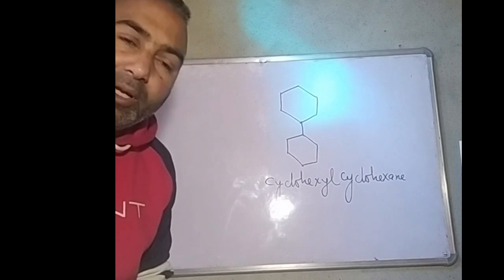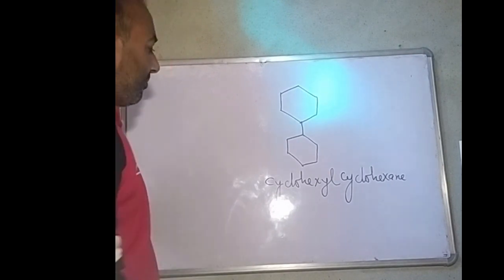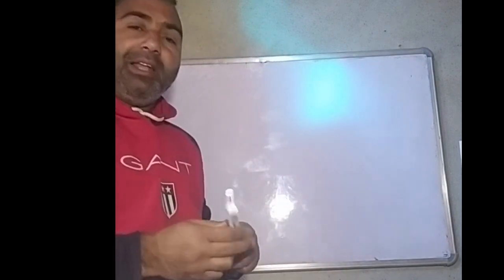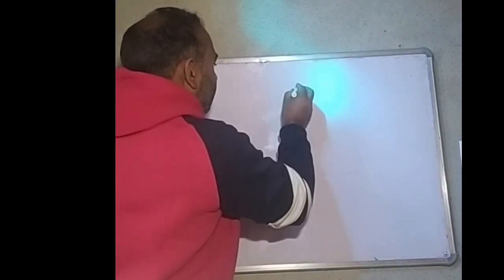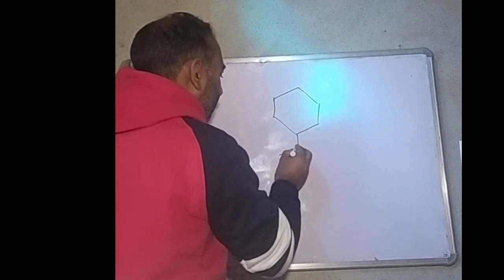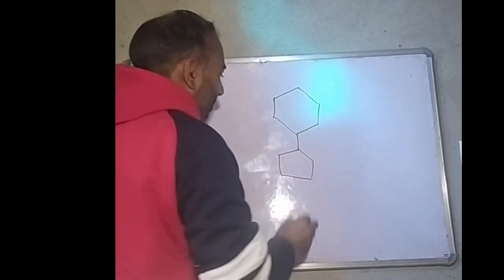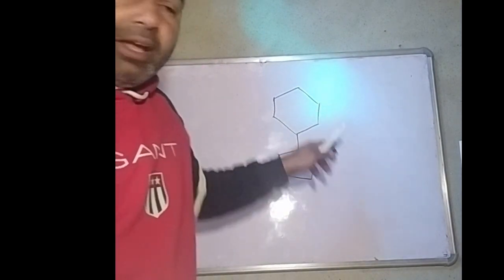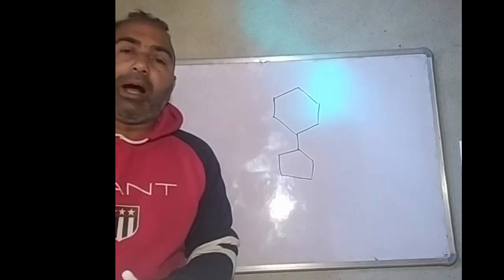One more example of this type is, that is this. You can see one ring has 6 carbons and other ring has 5 carbons.